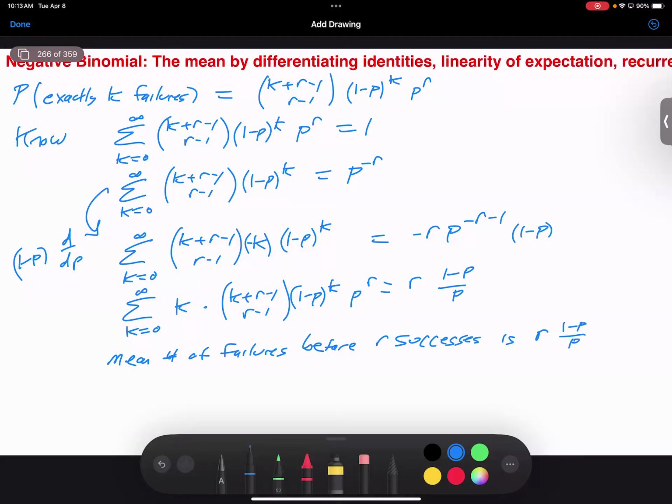Is there any way that you might want to rewrite r times (1-p) over p? How could we rewrite this in a more illuminating manner?